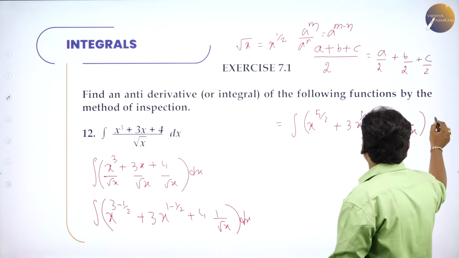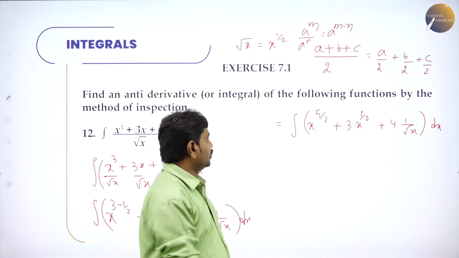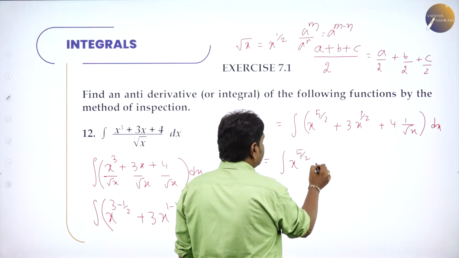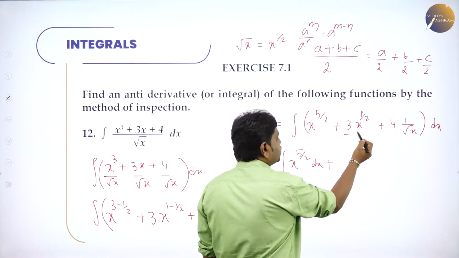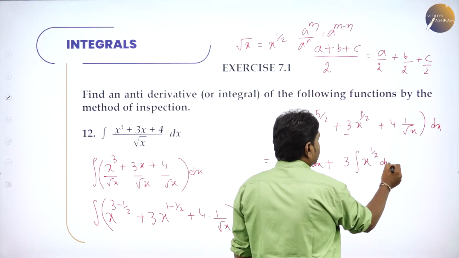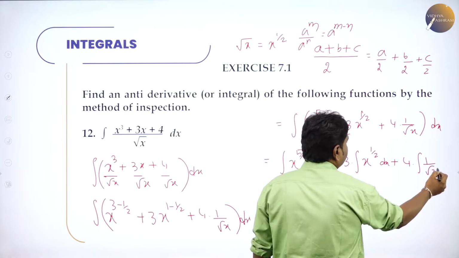Now integrate each term. To integrate, use the formula integration of x power n. So now the first term is integration of x power 5 by 2 dx, plus 3 is constant, take it out, integrate x power half dx. Again 4 is constant, take it out, integration of 1 by root x dx.